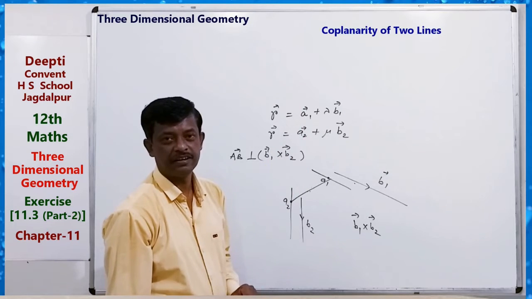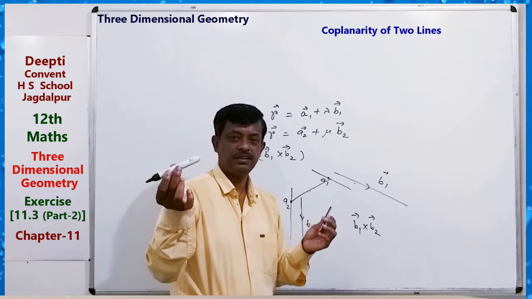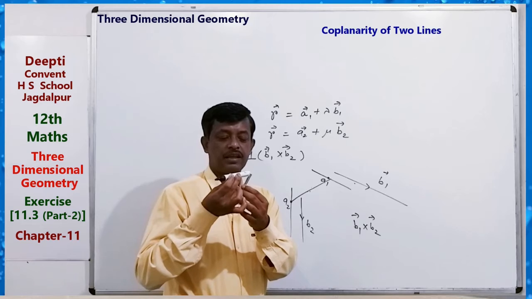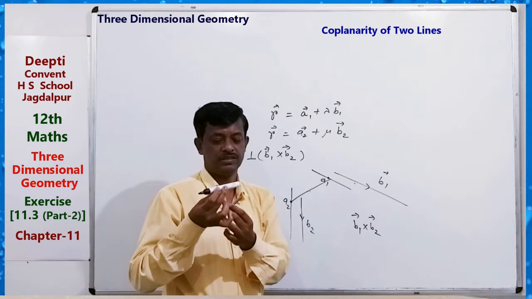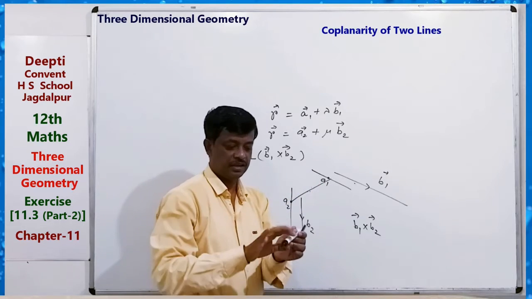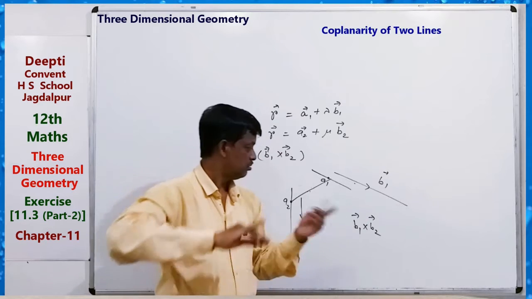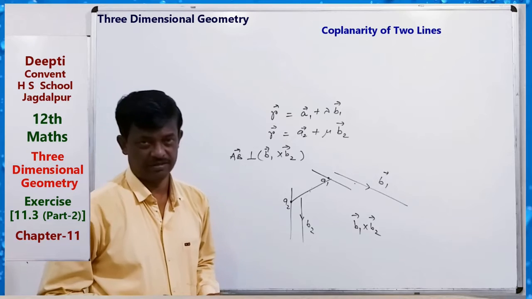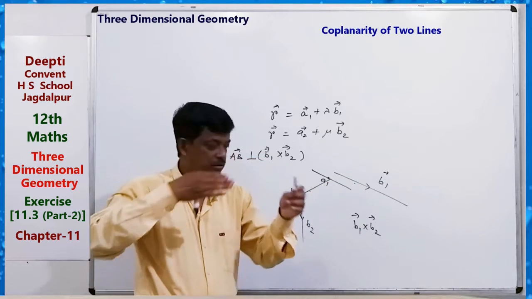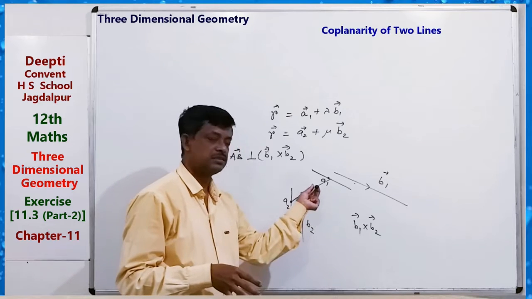Each line is parallel to its vector and may be anywhere, but if the lines are coplanar, both lie on one plane, and the joining vector is perpendicular to the direction b1 cross b2, since that direction is normal to the plane.